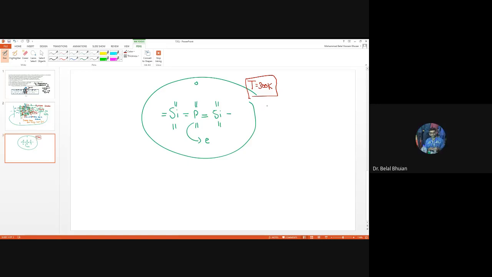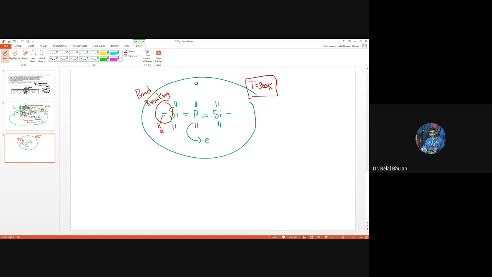You cannot stop bond breaking, so somewhere else we're going to have bond breaking. Now, if you have bond breaking, what do we have? So this is how we got holes in n-type material.